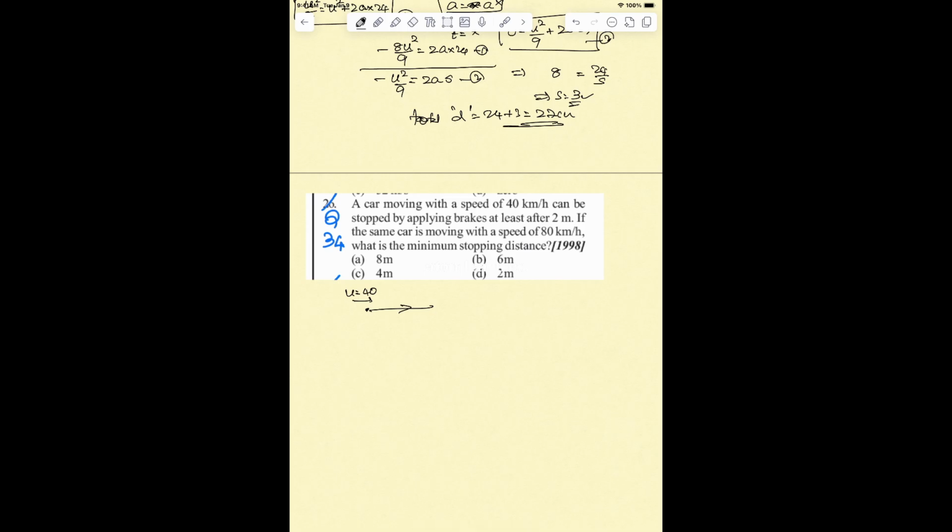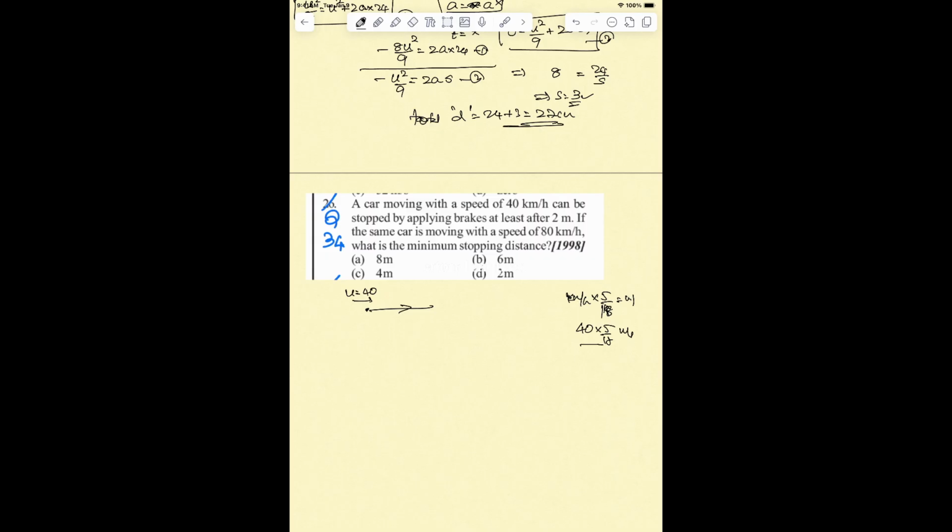Later, if required, we can convert it into meter per second. You know the conversion already: kilometer per hour multiplied by 5 by 18 will give you meter per second. In this case, 40 into 5 by 18 will be the meter per second.